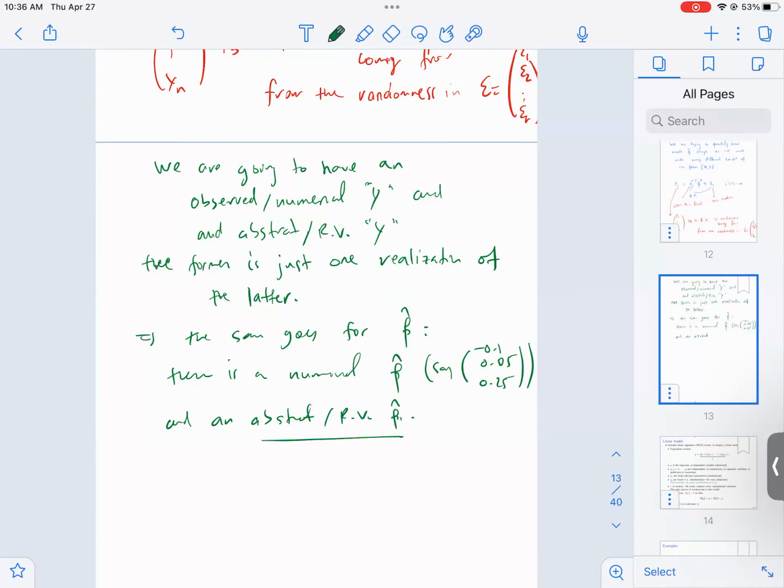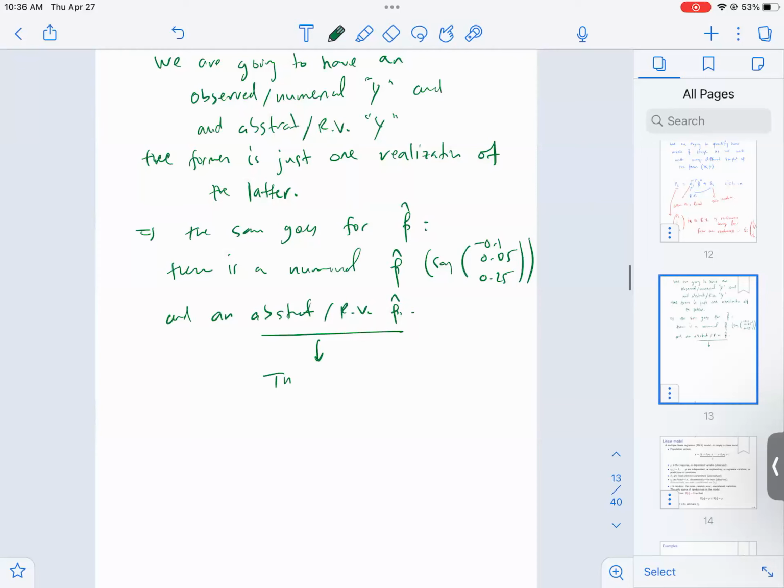This has an expectation, a variance. We can talk about the probability of it lying in different intervals. So there's a lot of stuff that we can do with this. With the number, we can't do much.